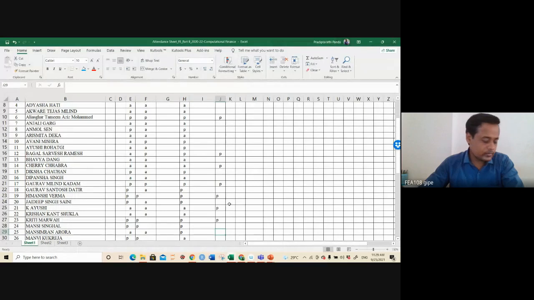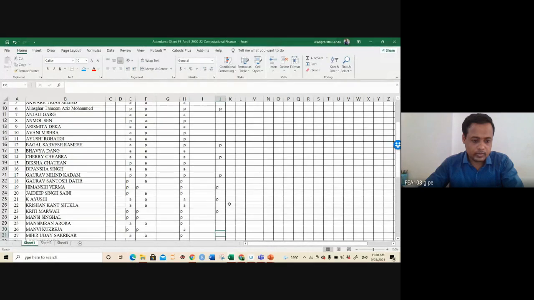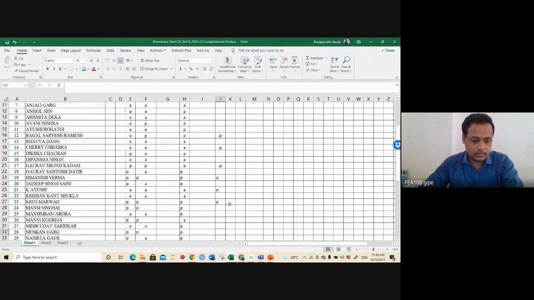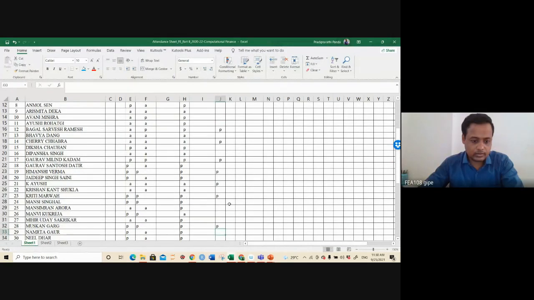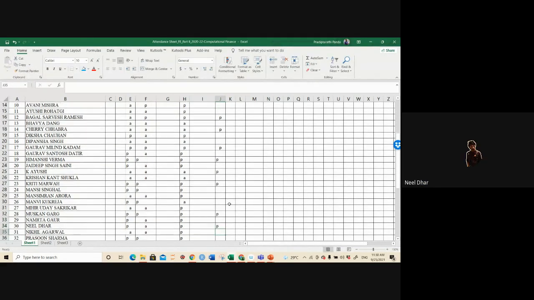Mansimran, Manvi, Mihir, Muskan, present, sir. Namrata, Neil, present, sir.